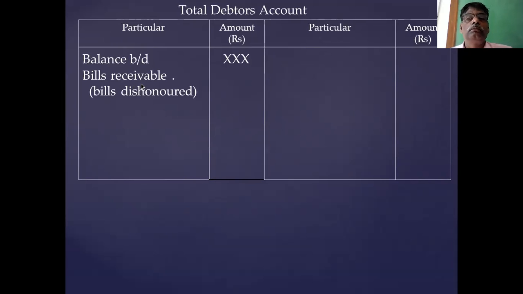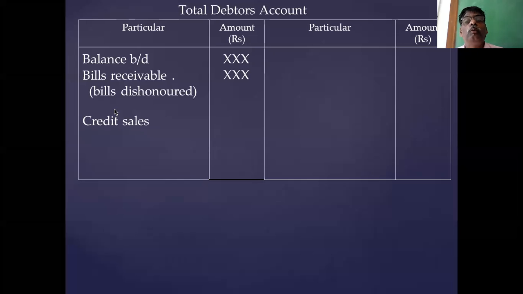Whatever bill was already given, if that bill dishonors, then there is an increase of debtors. And third is credit sale. If you make the credit sale to your customers, automatically customer balance increases, debtor balance increases. Okay, these are the three items that increase the debtors, that is the asset balance. So you take these three items on the debit side.